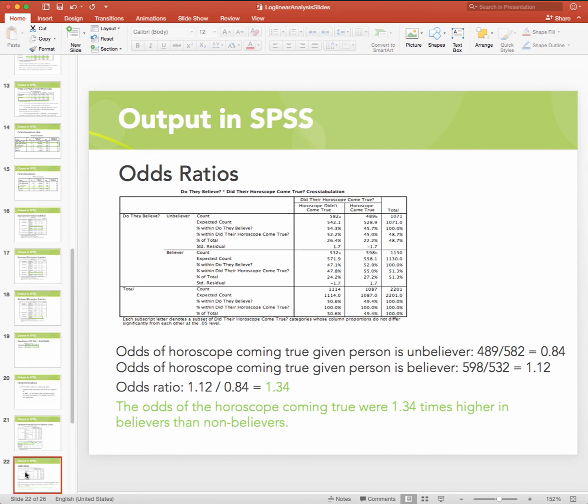The odds of the horoscope coming true given the person is an unbeliever would be 489 divided by 582. That gives you 0.84. So our odds ratio is the division of those two numbers.